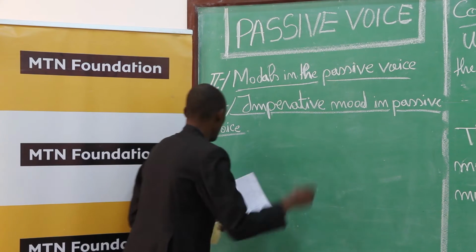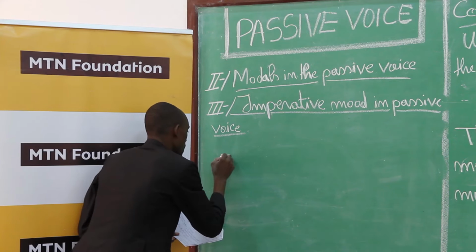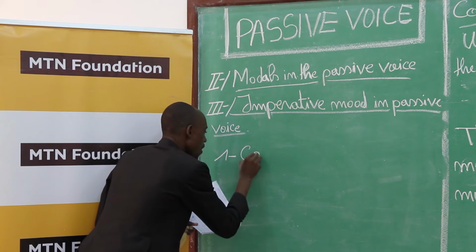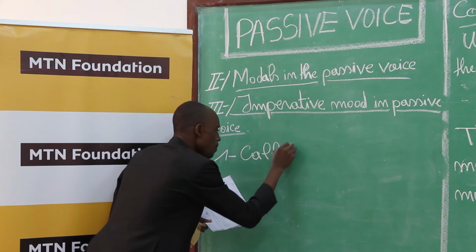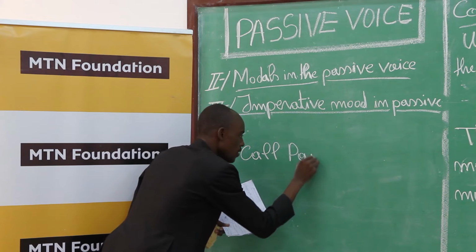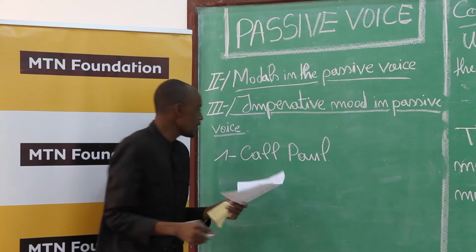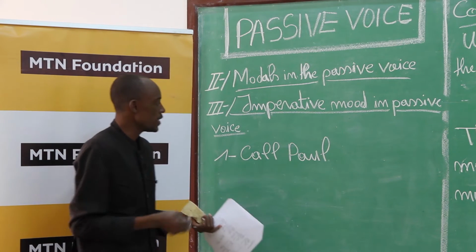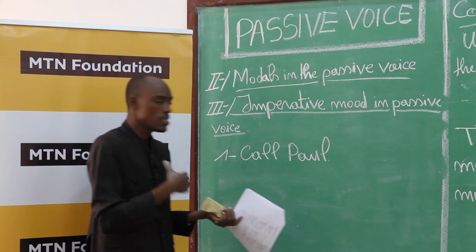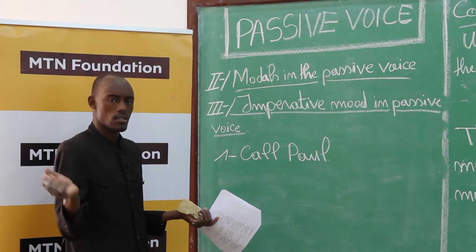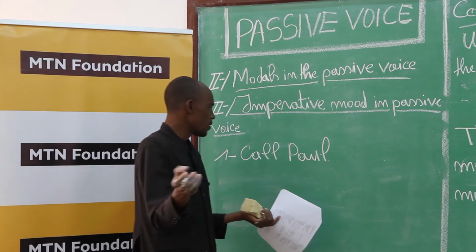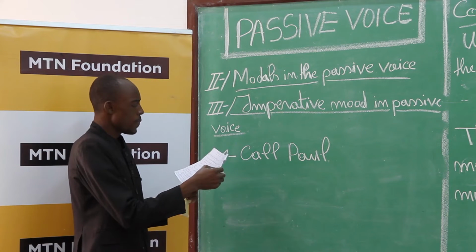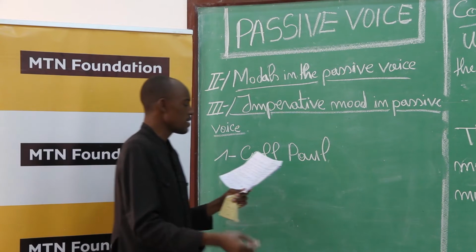Let's take some examples. Here we have: Call Paul. This sentence is in imperative mode. How can you turn the sentence into passive voice?